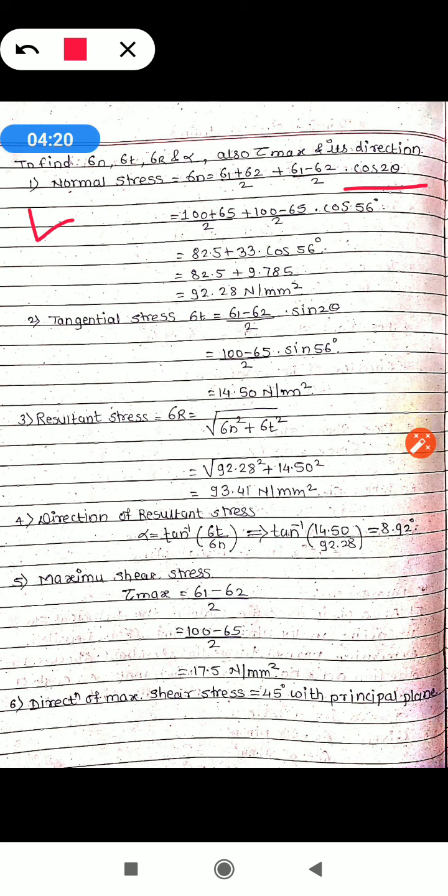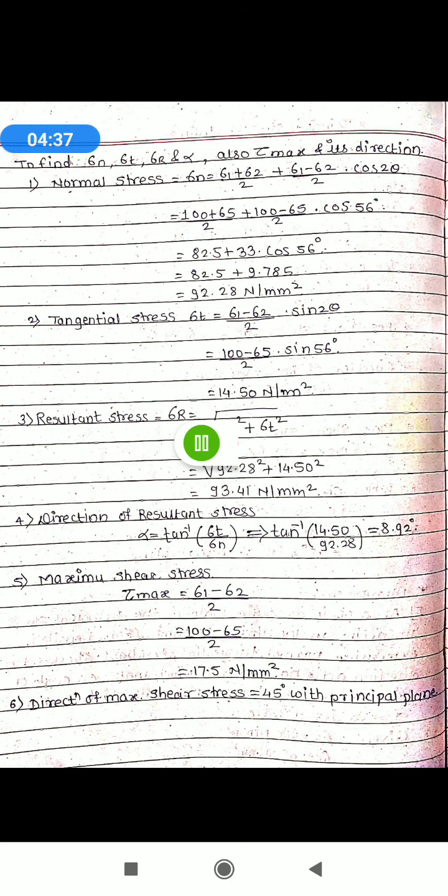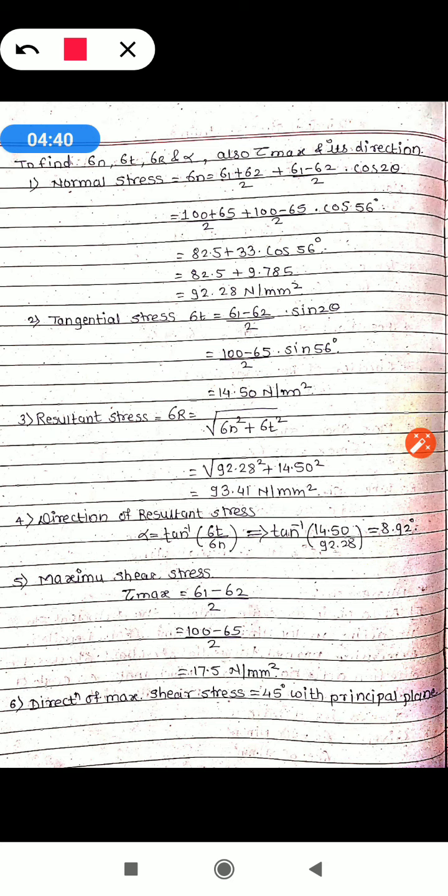Putting the values, sigma 1 is 100 and sigma 2 is 65: 100 plus 65 divided by 2 plus 100 minus 65 divided by 2 into cos 56 degrees, because our 2 theta is 56 degrees. So the value is 92.28 Newton per mm square after calculating.